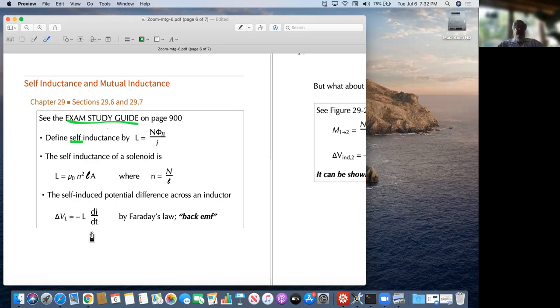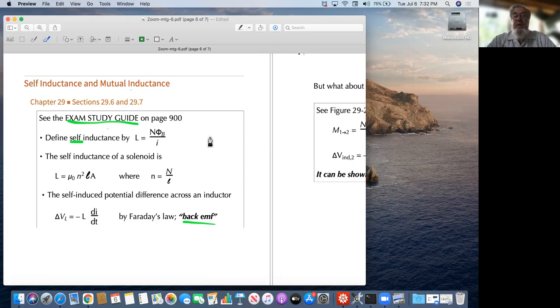That just follows from Faraday's law. This is minus d phi/dt, where phi is L times I. It's negative, so it's what's sometimes called back EMF. Those are all given in the exam study guide.